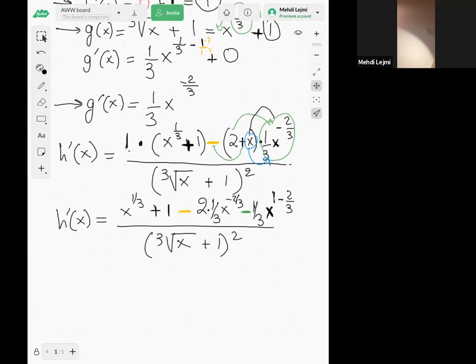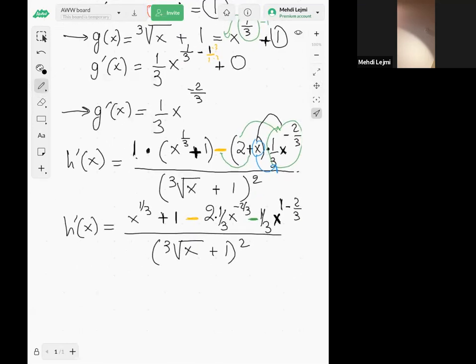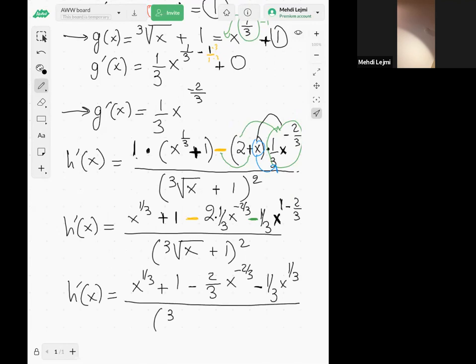So we're going to have h prime of x: x to the power 1/3 plus 1 minus 2 times 1/3, so that's minus 2/3 of x to the negative 2/3, and then minus 1/3 x to the power, 1 minus 2/3, as I said, is going to be 1/3, over the third root of x plus 1, squared.